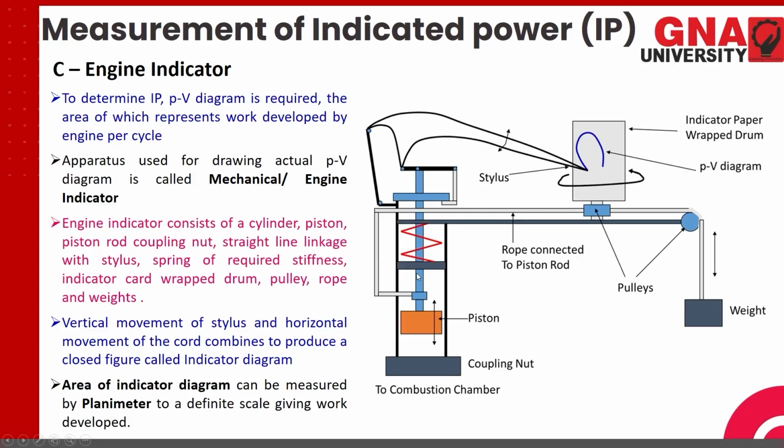The area of the indicator diagram can be measured by a planimeter to a definite scale, giving work developed. A planimeter is a device used even by patwaris for land revenue records. They run the planimeter over the lines which are drawn, and when they come to the initial point, the planimeter gives us the area of that enclosed figure.